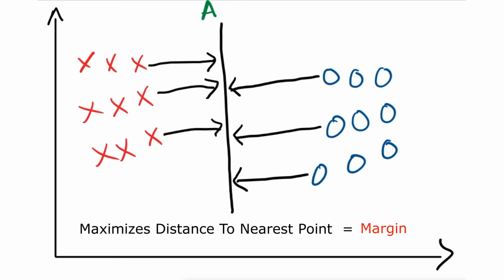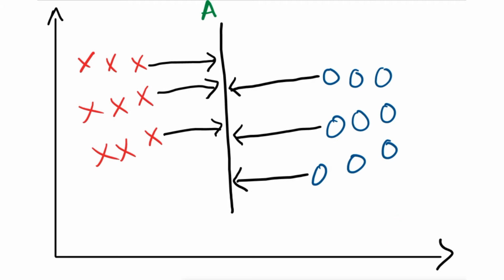It is good to know the word margin because it is the thing that is being maximized. It is important to know some terms in SVM and other AI algorithms because even if you are not writing AI code, there are chances that you will be involved in the implementation of AI as a business process owner.